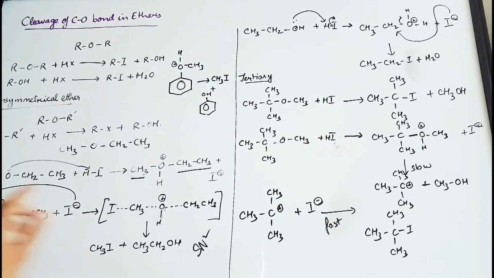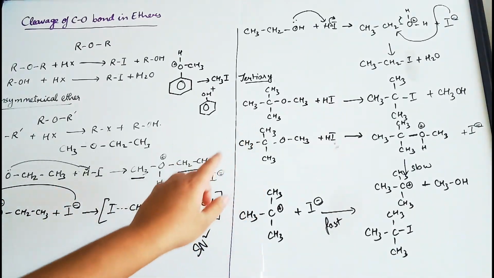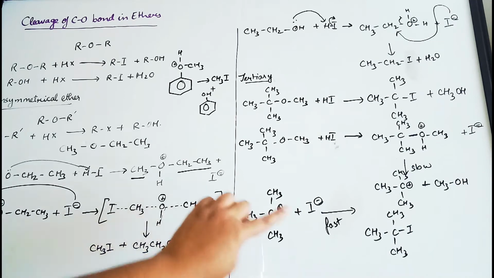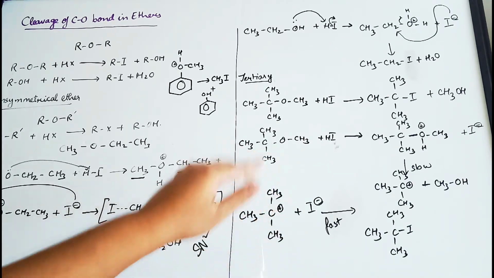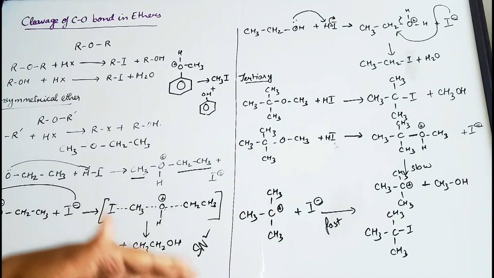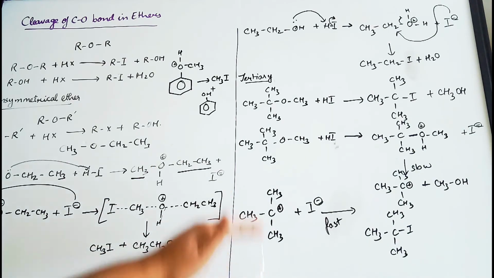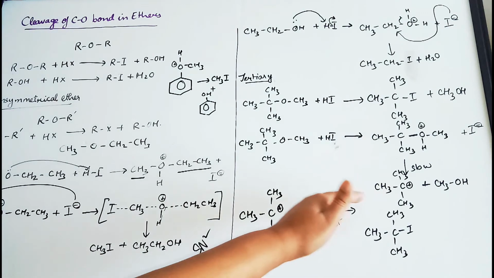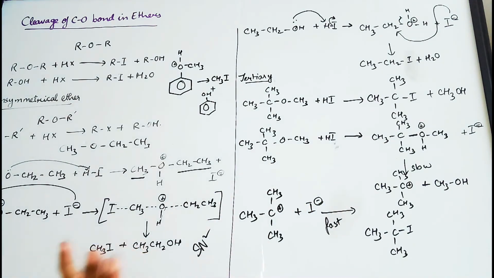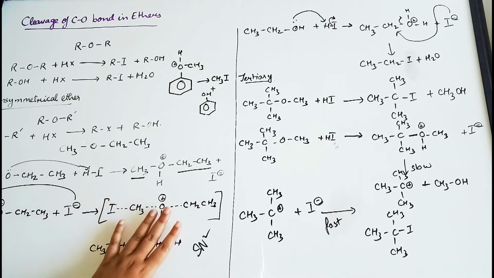But in the case of a tertiary group, you have the formation of a carbocation, and this reaction is basically going to be through the SN2 process, and this leads to the fast reaction. This is the formation of a carbocation. Did I say SN2? Sorry, it's going to take place through an SN1 process and leads to the formation of a carbocation. And since tertiary carbocations are quite more stable than primary or secondary, this was an SN2 mechanism.